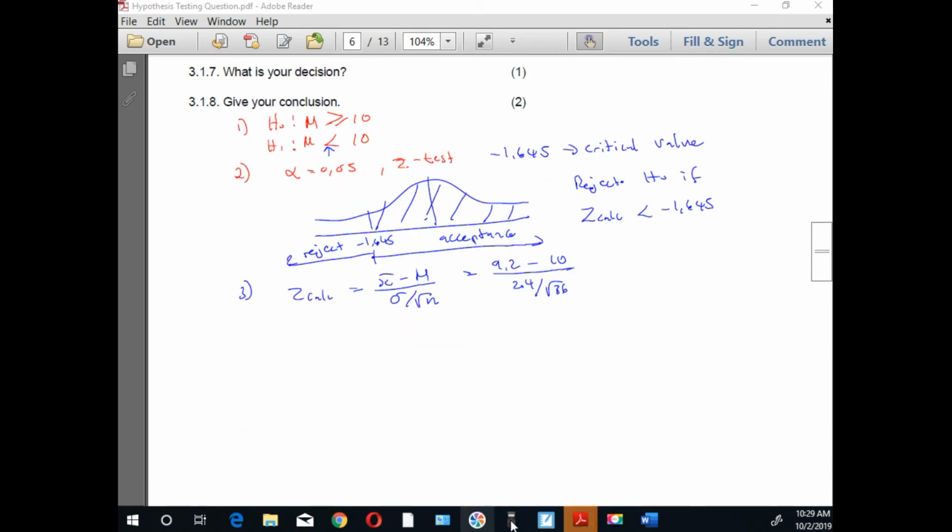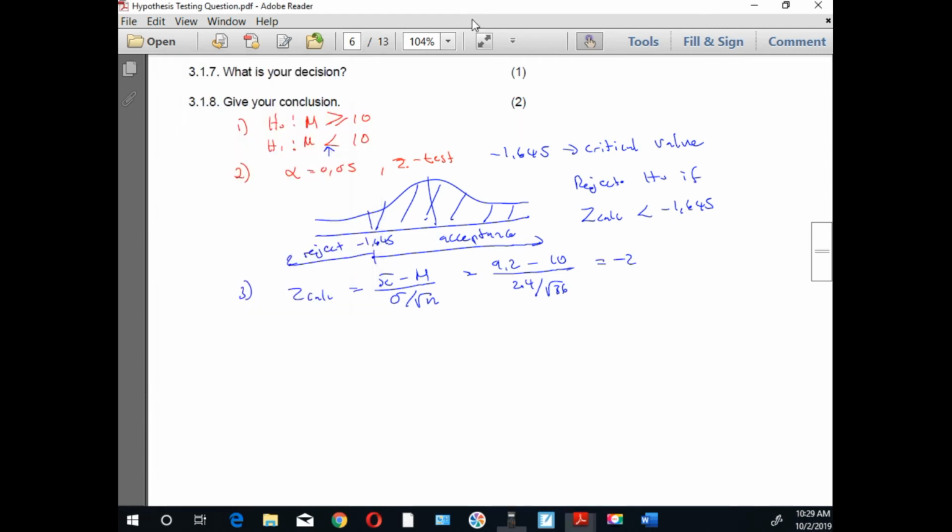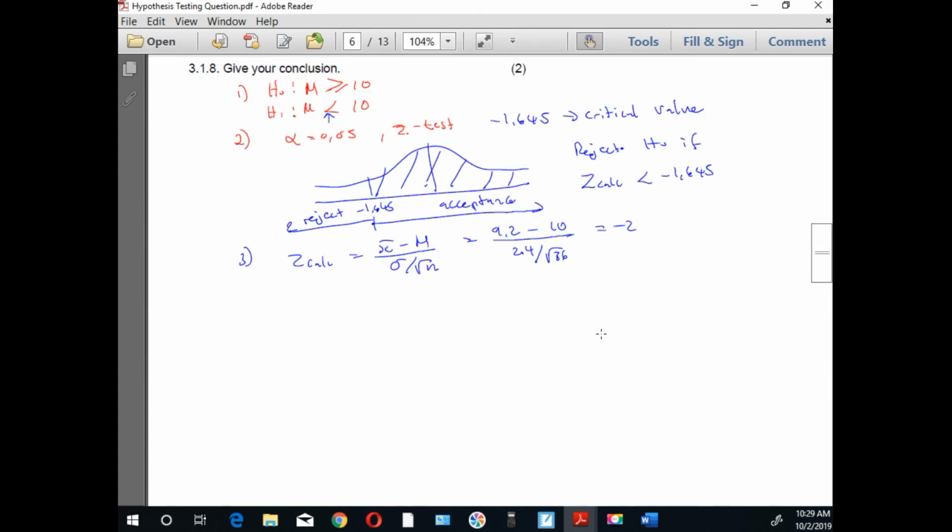Straightforward. Come and put in our calculator: 9.2 minus 10 divided by standard deviation over root n. So it's negative 2. We compare our Z calc.